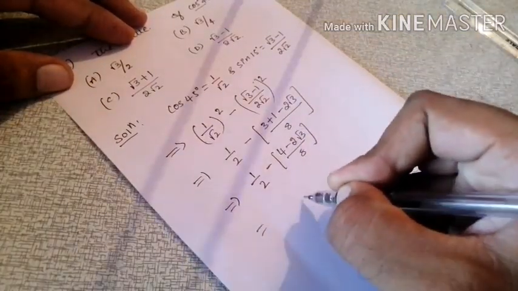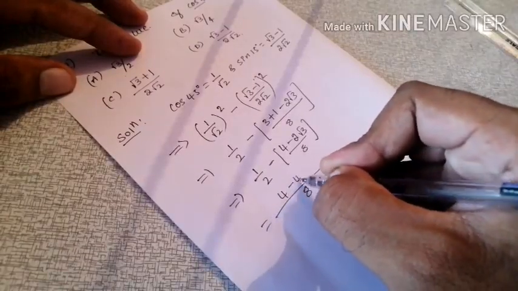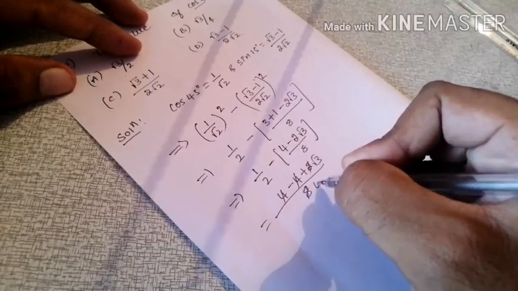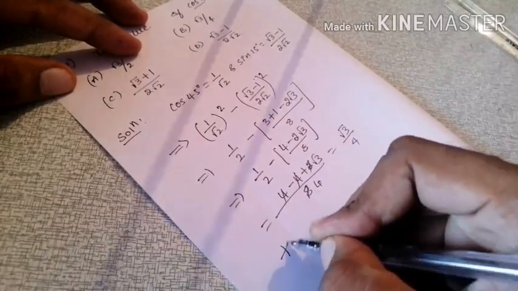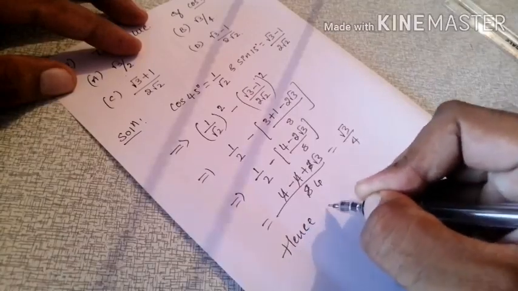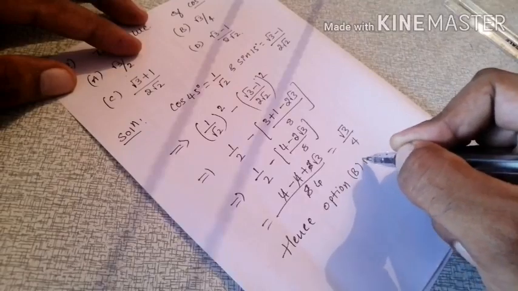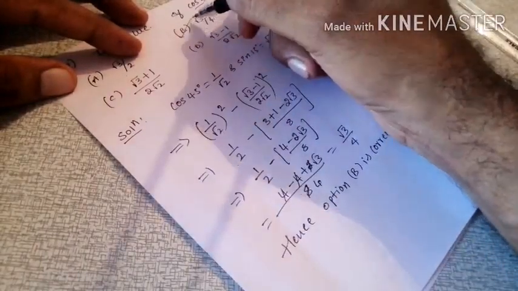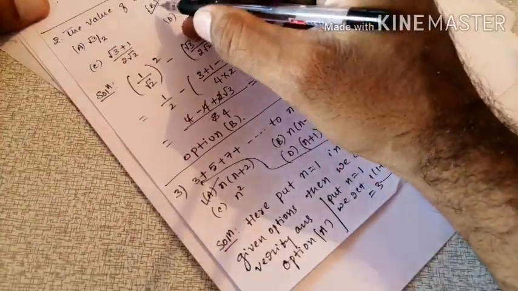After taking LCM, 8 is the LCM, 2 4s are 8, here it is 4 minus 4 plus 2 root 3, 4 gets cancelled, and we get the answer root 3 by 4. Hence option B is correct. Hence option 2 for question number 2.